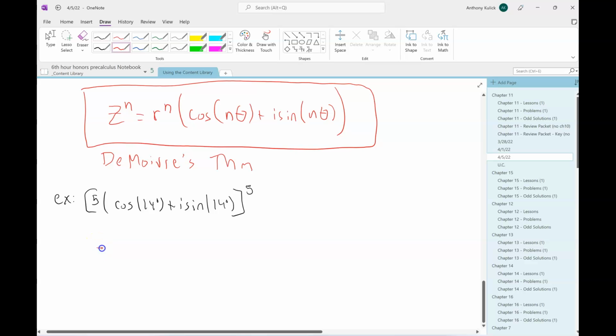Jack? 5 to the 5th times cosine of 5 times 14 plus i sine 5 times 14. So 5 to the 5th, I think, is 1325. Somebody with their calculator out can check that for me. 3125, thank you. And then 70.